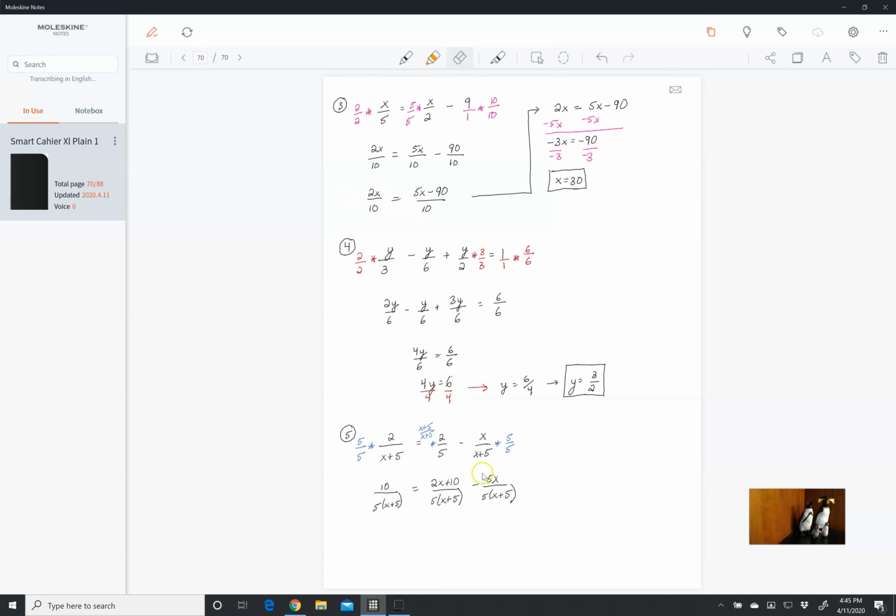Here we combine our fractions. We don't have to worry about distributing the minus because there's only one term here. So 2x minus 5x is negative 3x. Again, do not skip this step. Okay, for the purpose of room, I'm going to bring this up here.